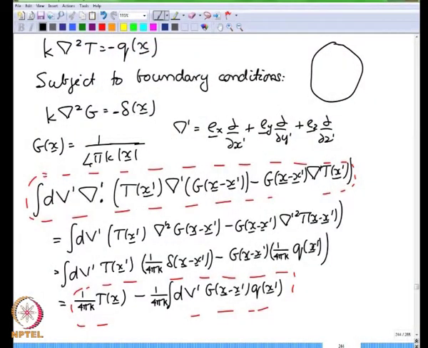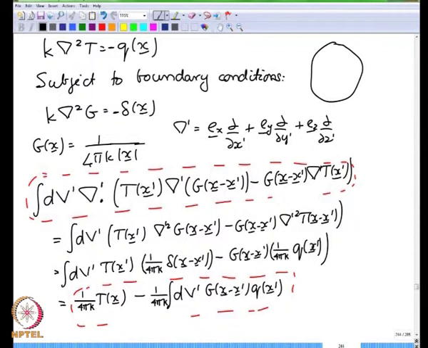So, this is equal to integral dV prime of T of x prime into 1 over k delta of x minus x prime, minus G of x minus x prime into 1 over k del square T, which is equal to the source. Del square G is equal to minus delta and del square T is equal to minus q. So, this will just be equal to q of x prime.